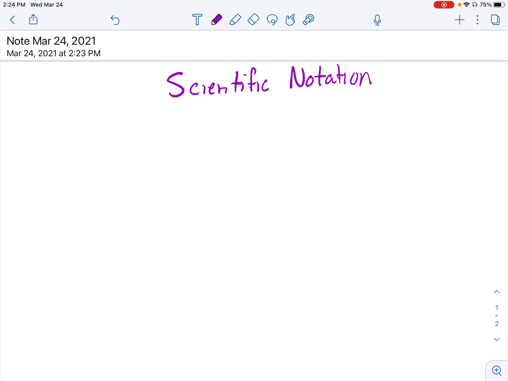But basically, scientific notation is numbers written in the form of c times 10 to the p, where c has to be a number greater than or equal to 1 and less than 10.